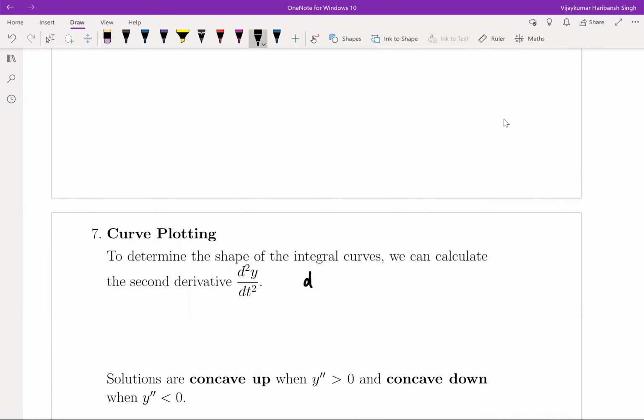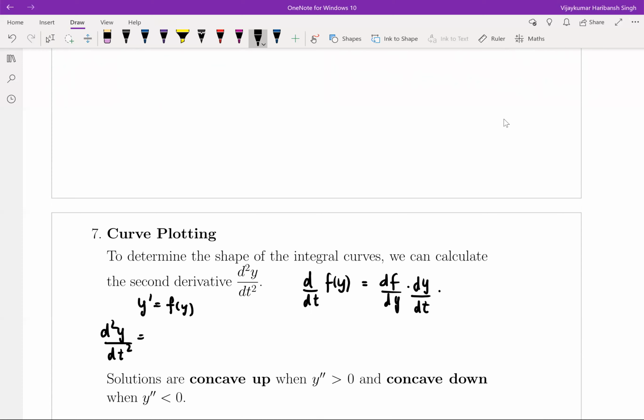So note that d by dt of f of y is going to be df by dy times dy by dt, right? So what do we get? We get d squared y by dt squared, taking the derivative on both sides with respect to t. So you have y prime equals f of y, right?